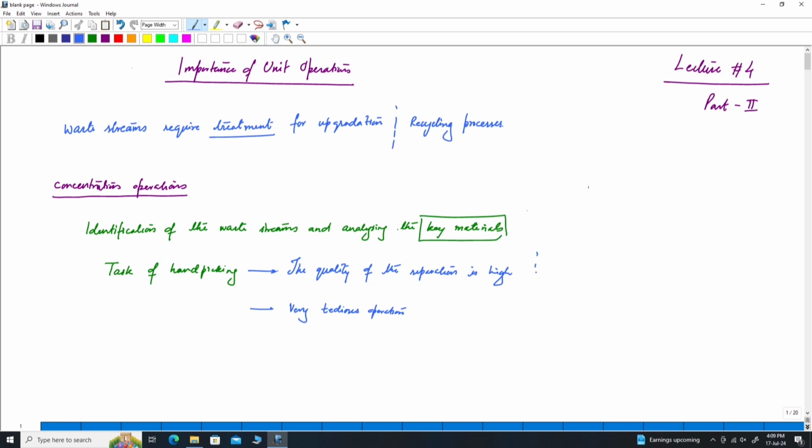So, we know that a wide range of wastes are present with the given waste stream. What this means is the chance of contamination is very large.